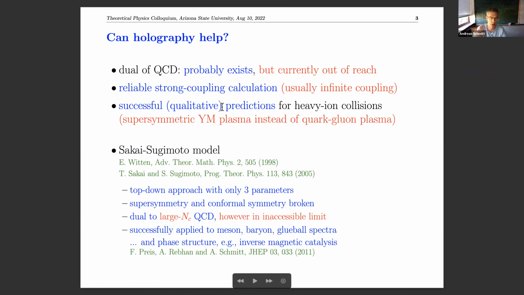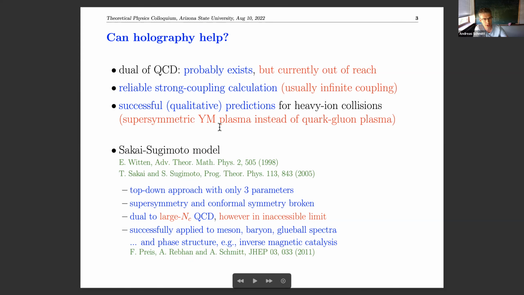I'm thinking of things like eta over s, also of non-equilibrium calculations that can be done and can be brought into context of heavy ion collisions. Again, this is mostly done in the case of the supersymmetric Yang-Mills plasma, hoping that this shares some properties with the quark-gluon plasma generated in heavy ion collisions.